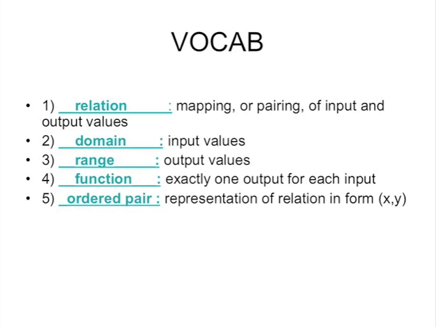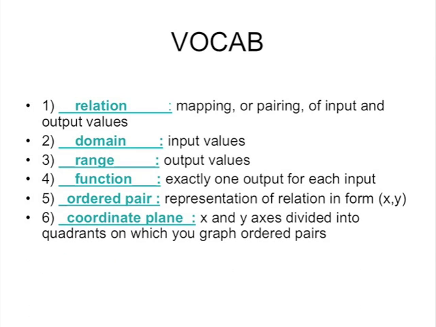An ordered pair is when we put a relation in the form of x, y, where x is typically our input and y is typically our output. A coordinate plane is when we draw x and y axes, and that's how we graph our ordered pairs.